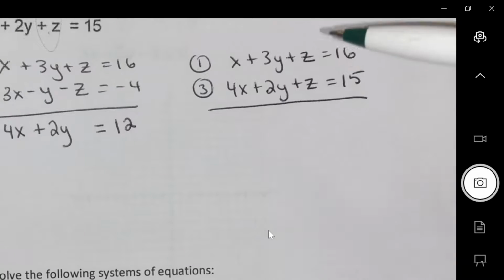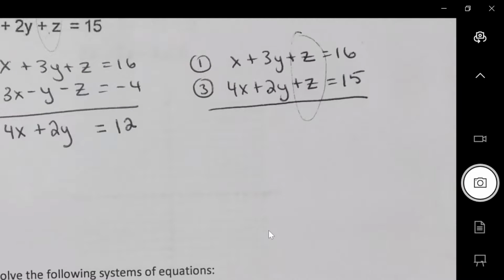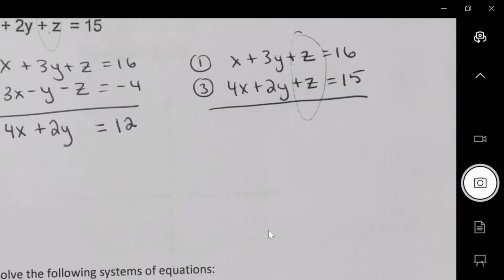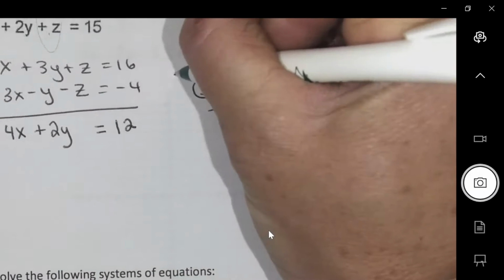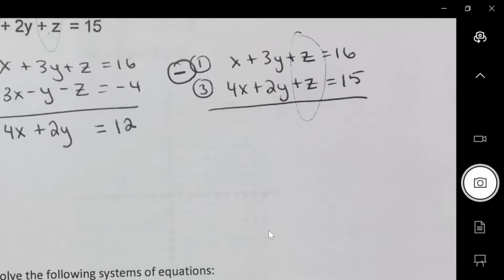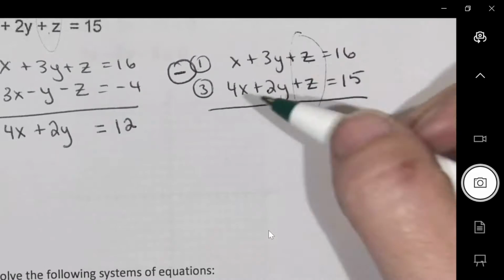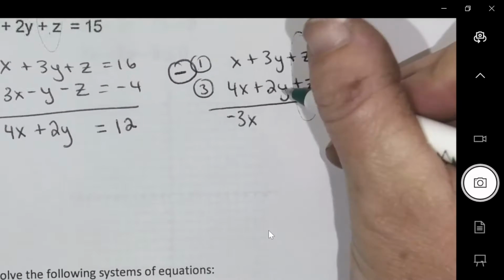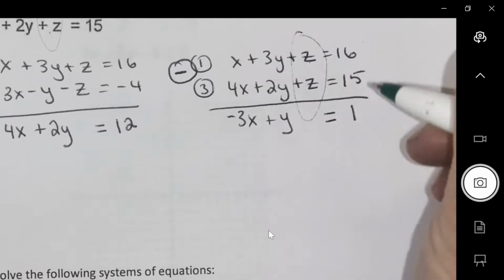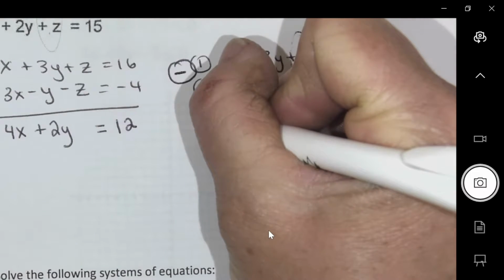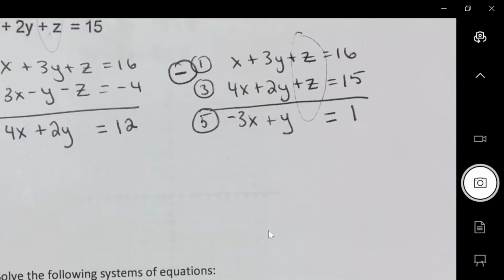So when I look at the z's this time, they are the same. So once they look the same, I subtract them. Okay, so 1 subtract 4, that's -3, plus y equals 1. Now that is my 5th equation.